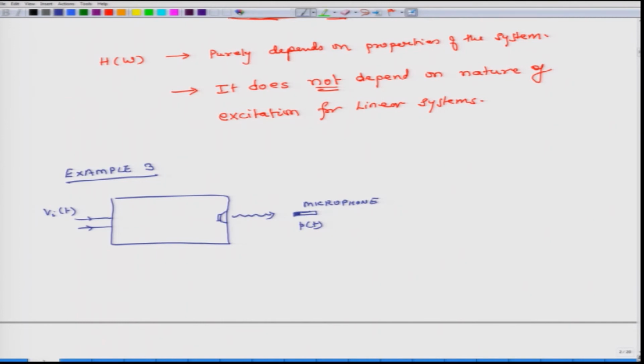Okay. If this is a linear system, then the nature of V(t) and the nature of P(t) will be the same. So, in this case H of omega, what will be the unit? It will be pascals per volt, because the response I am measuring in terms of pressure, and the excitation is coming in the form of voltage.